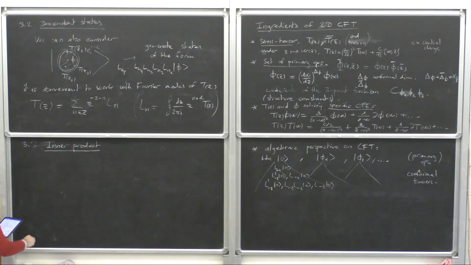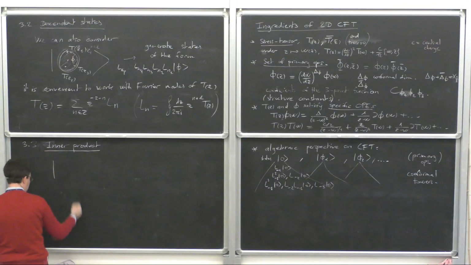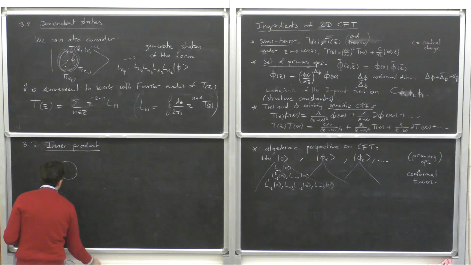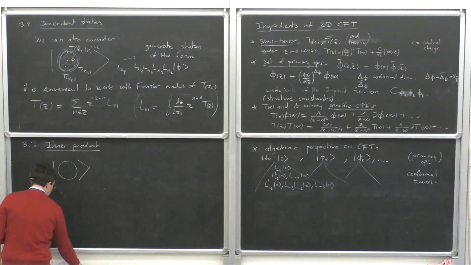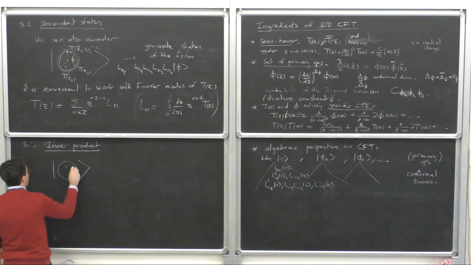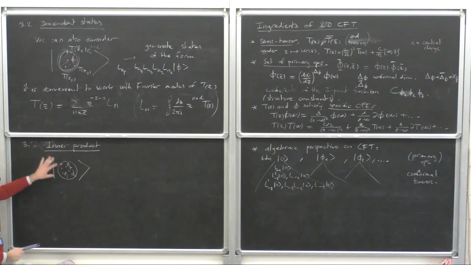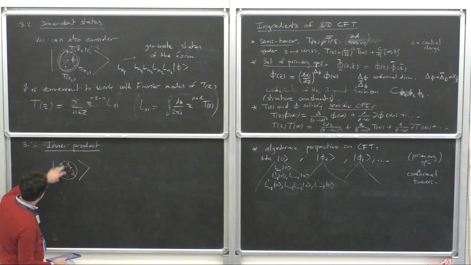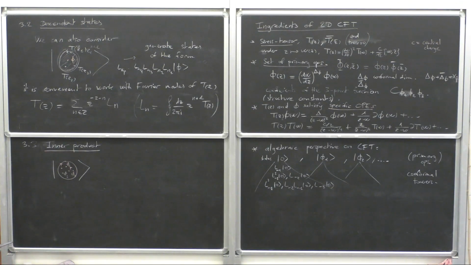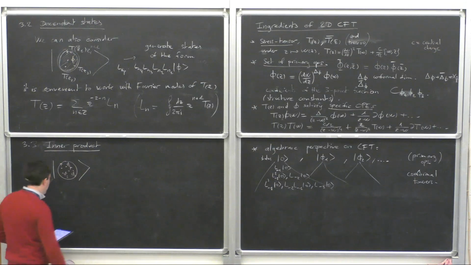Well, we want, for a state like this that would correspond to some insertions of some fields, phi1, phi2, phi3, possibly insertions of the stress tensor at some point. So for a state that we would generate in this way, taking the disk and throwing some operators inside, that would be a state in our space.